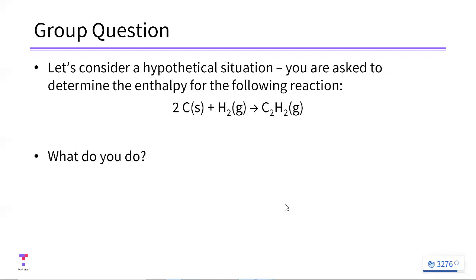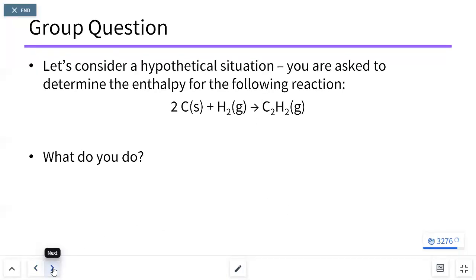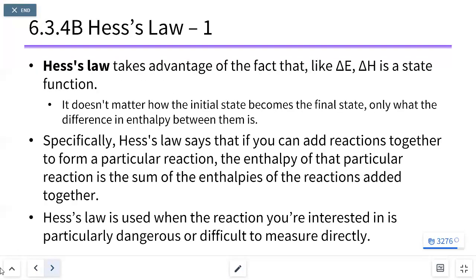And so the thought comes up, well, what if I didn't need to measure it? What if I could determine the delta H for that reaction without actually doing it? And yes, you can do that through something called Hess's Law. Hess's Law takes advantage of the fact that delta H is a state function.